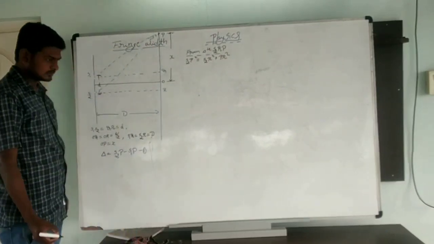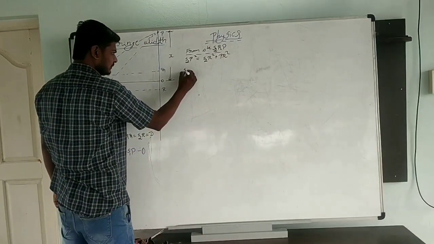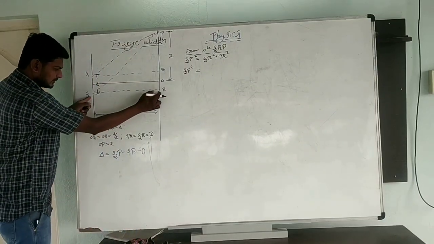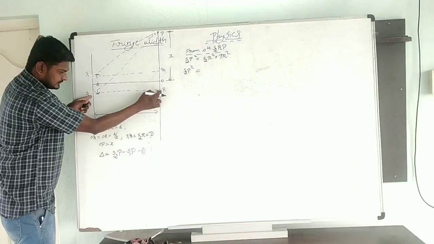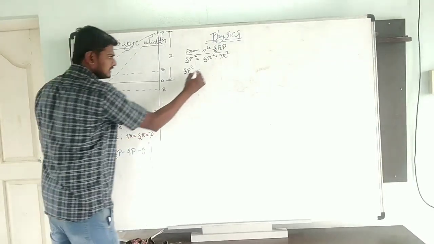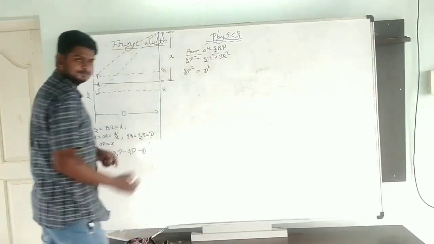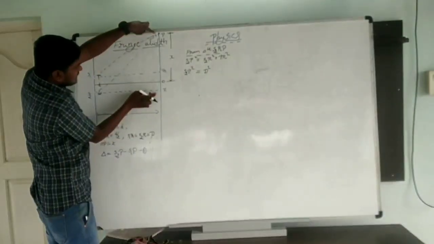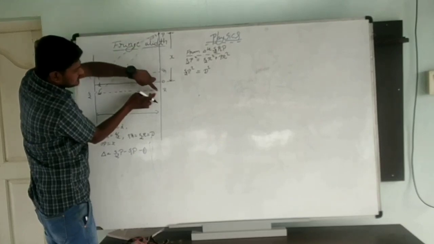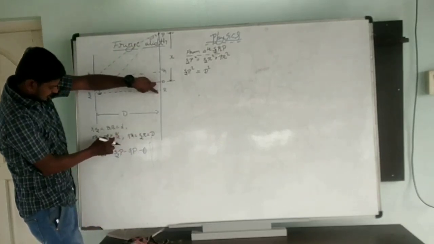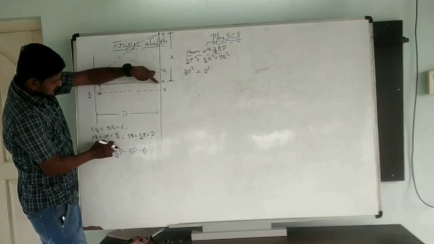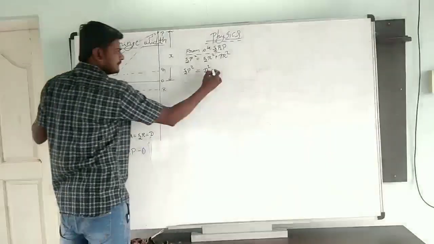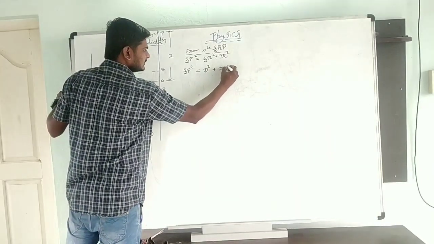S2R is capital D, so S2R square is D square. Next, PR is PO plus OR. PO is X and OR is d by 2. So PR will be X plus d by 2, whole square.